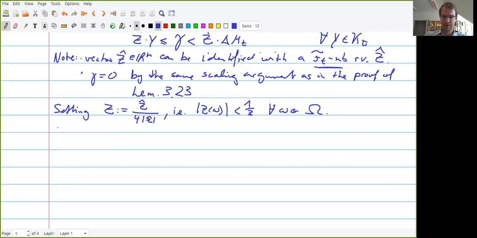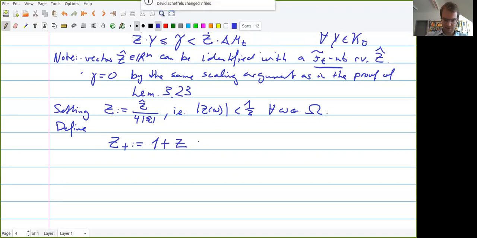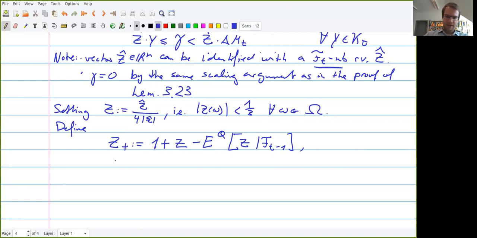This means we can now define two Radon-Nikodym densities, Z plus, which is 1 plus Z minus the conditional expectation under Q of Z conditioned on F_{t-1}. And now we have also Z minus, which is 1 minus Z plus the same conditional expectation under Q. So we just swap the signs here.